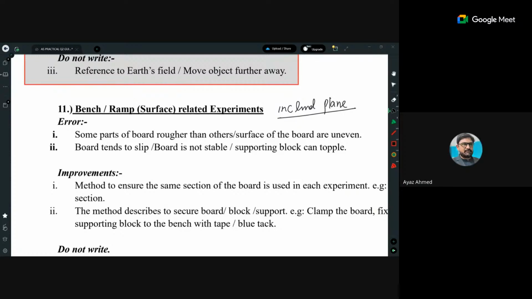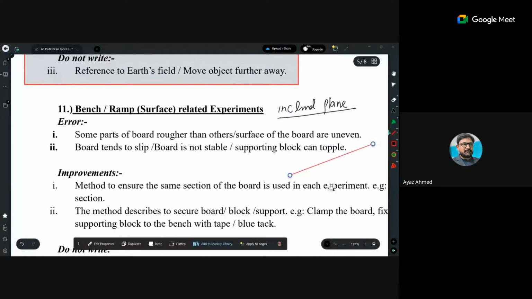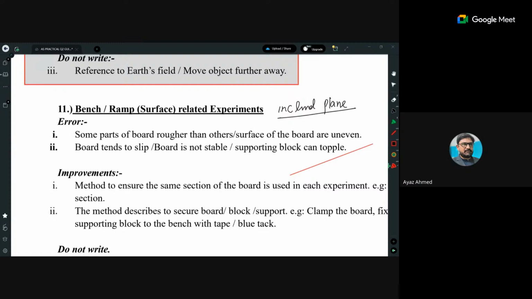The second error, which you have to improve, is that the boards tend to slip. देखो ना, when you make a ramp, most of the time it is not stable. When it is not stable, that is an error, so the board slips and the supporting block can be toppled over.